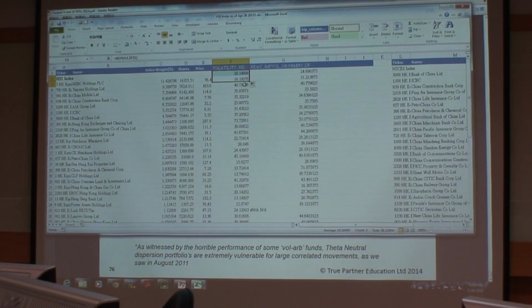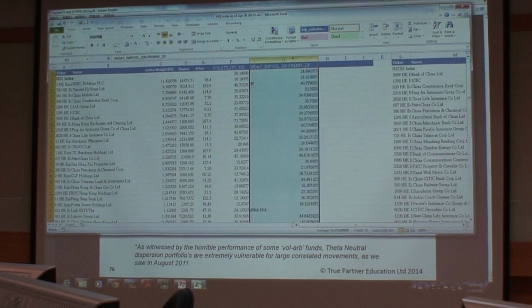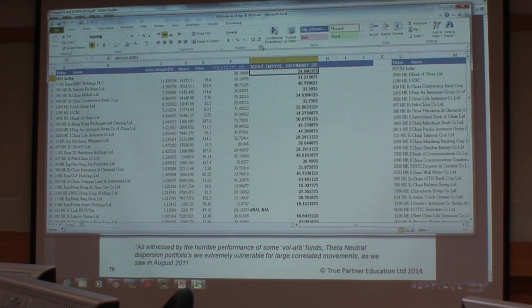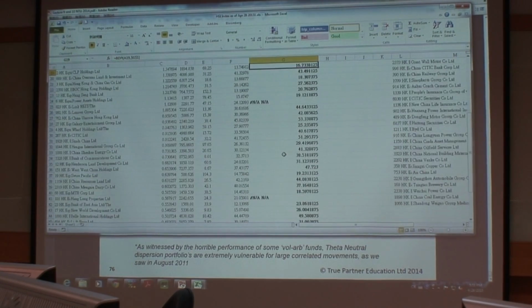So what do we see here? In this column, the Hang Seng Index trades at a volatility of 24.7. And in the meantime, the various component stocks: HSBC at 31, Hong Kong Exchanges at vol 50, but China Light and Power, the local utility, only at vol 16.